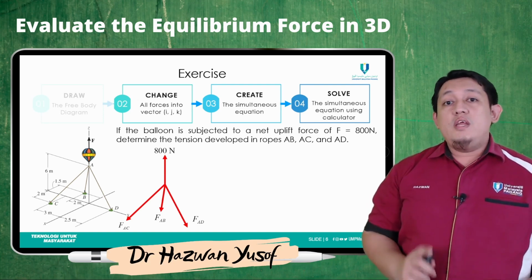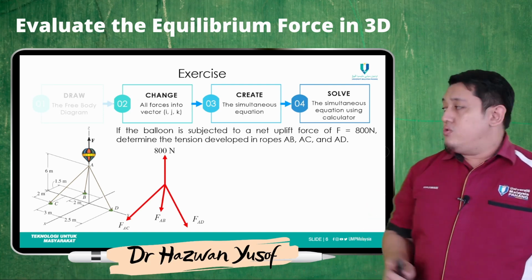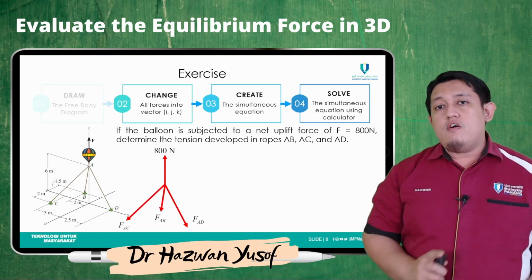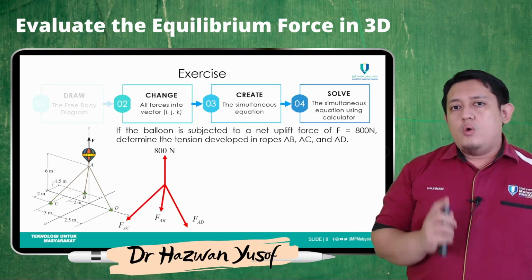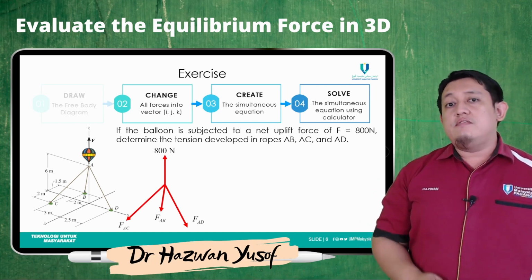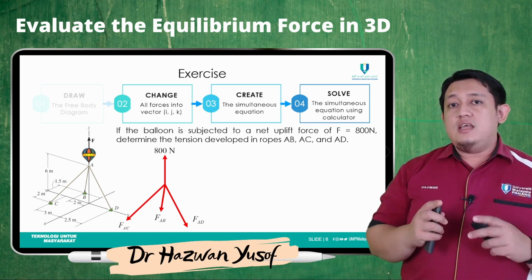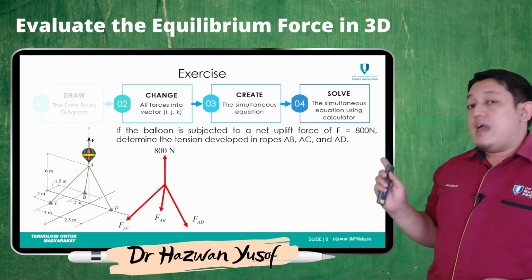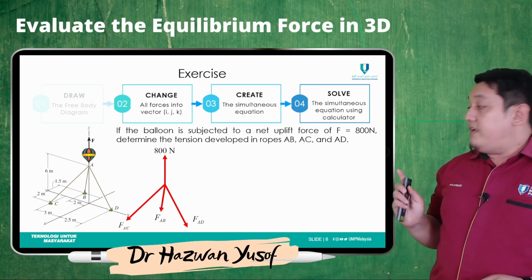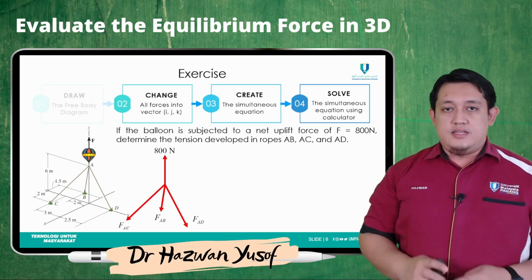Next, we need to change all forces into Cartesian vector form. As we've learned before, we will use the coordinates given to get the unit vector and use it to change FAB, FAC, and FAD into vectors.